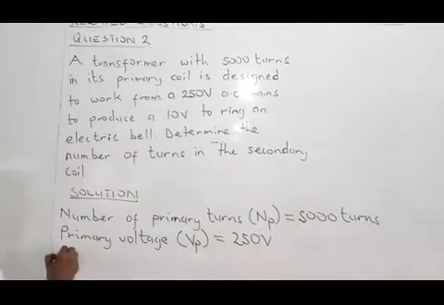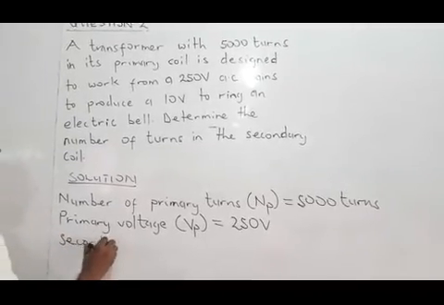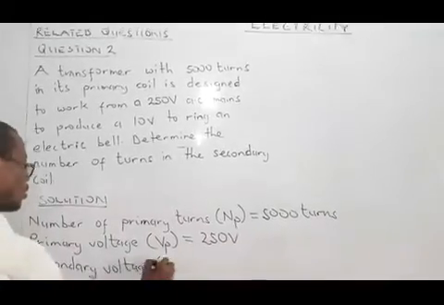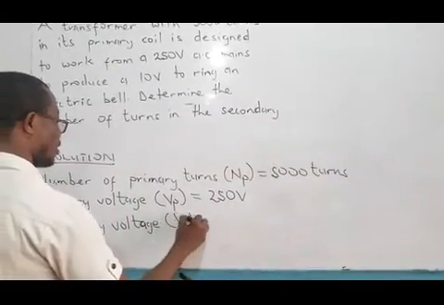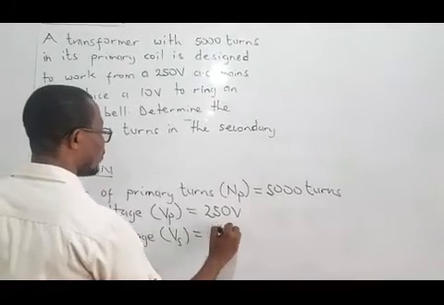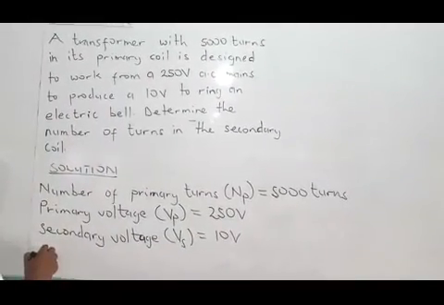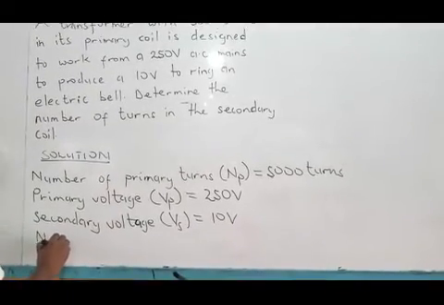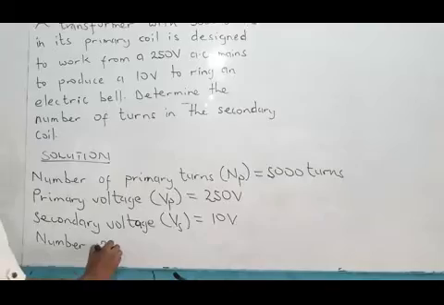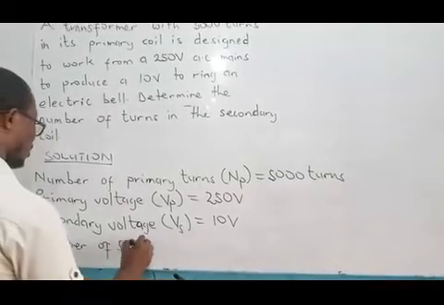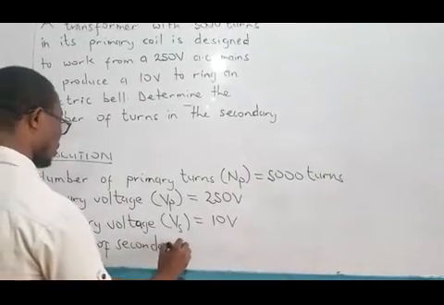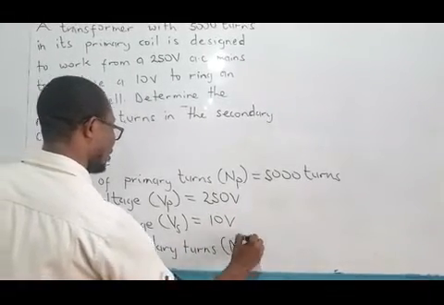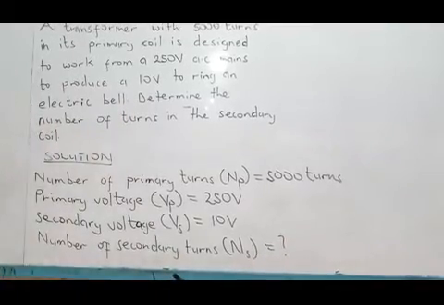The voltage it is producing, as I said, is the secondary voltage, so that is Vs, 10 volts. And then we have to find the number of turns in the secondary core. So we are looking for the number of secondary turns, that is Ns. That's what we are looking for.